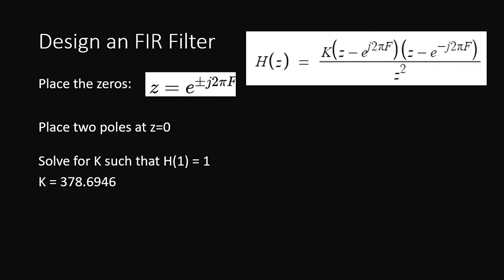That's why we can say H of 1 equals 1, replace all the z's in this transfer function with 1, and then algebraically solve for k, and in this case we get k is equal to 378.6946. And that is our transfer function for our finite impulse response filter.